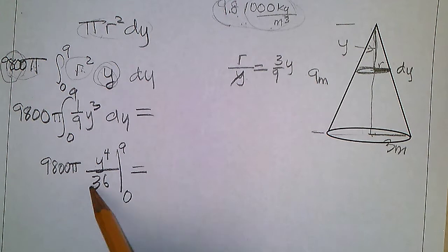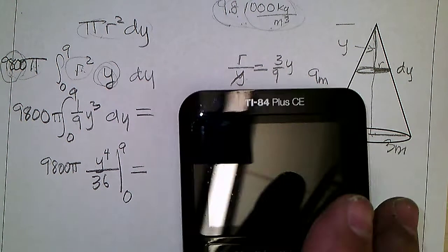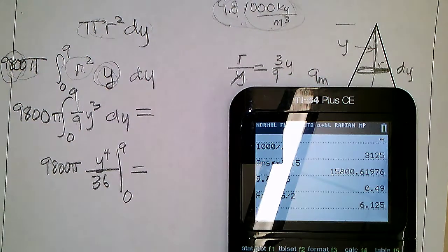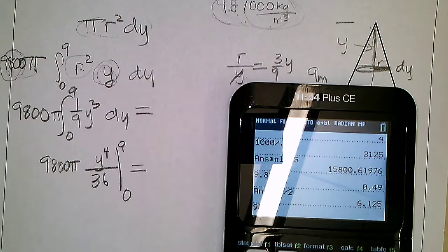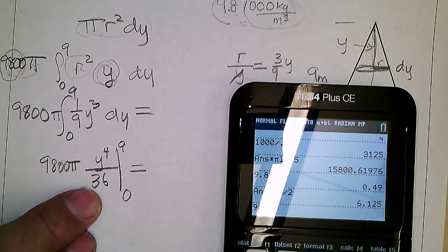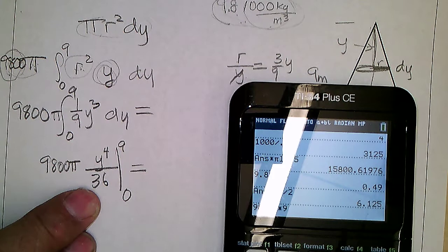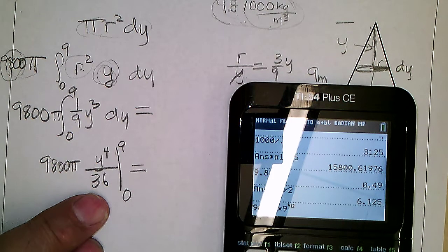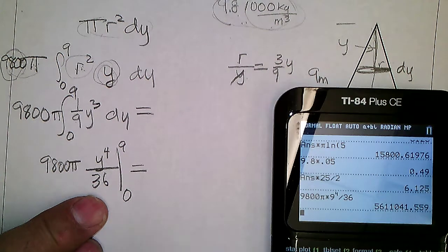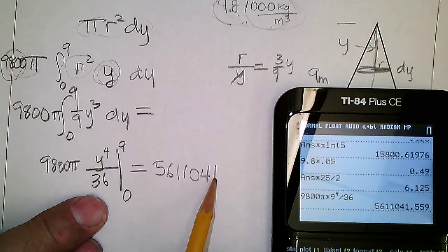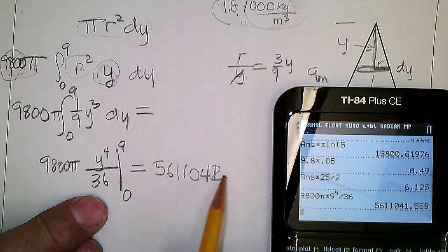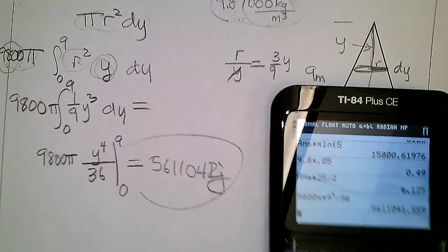One of the 9s would cancel that, but anyway, we'll just type it in. 9800 pi times 9 to the 4th divided by 36, and we get 561104142 joules. Okay.